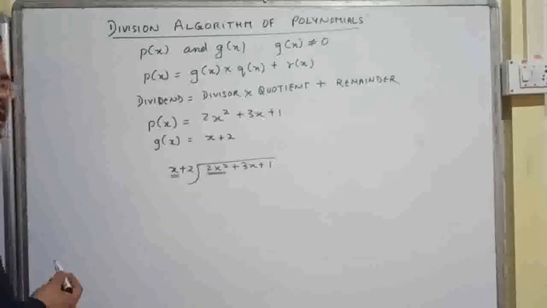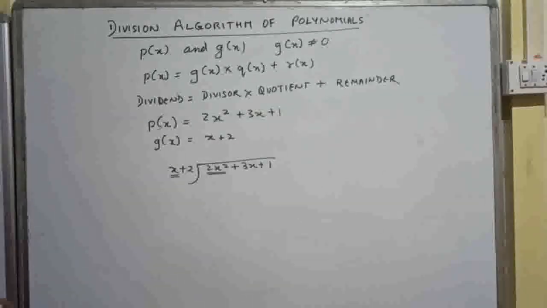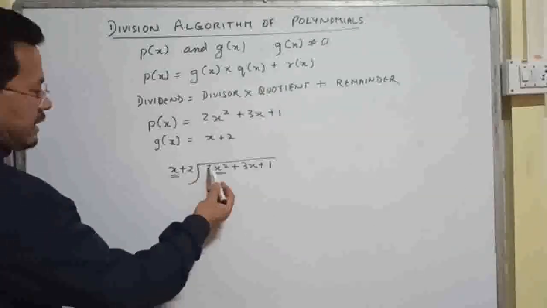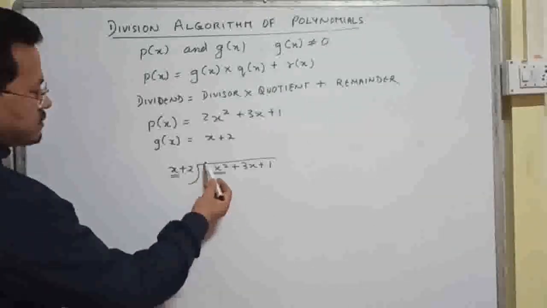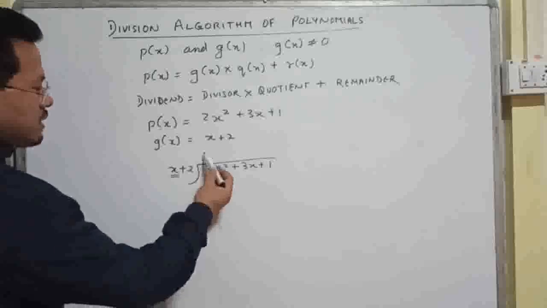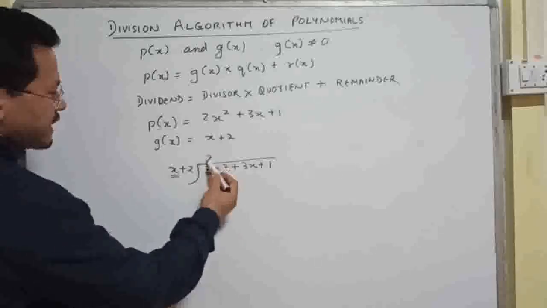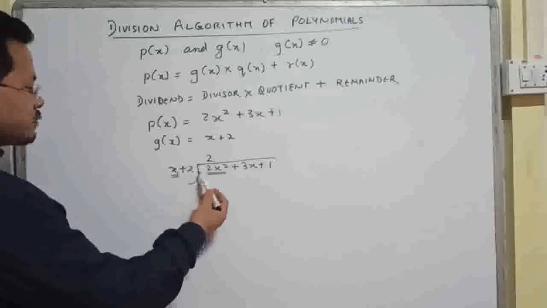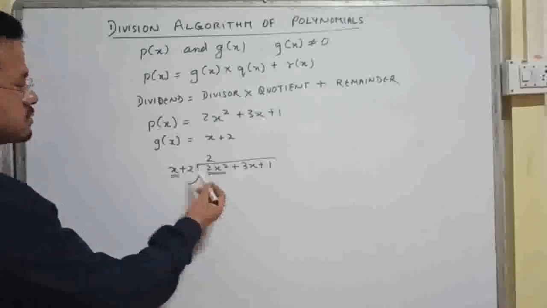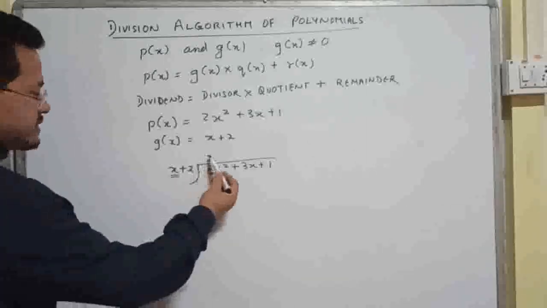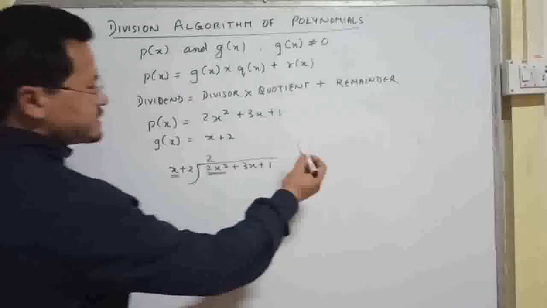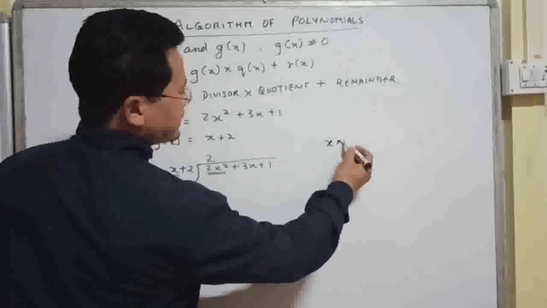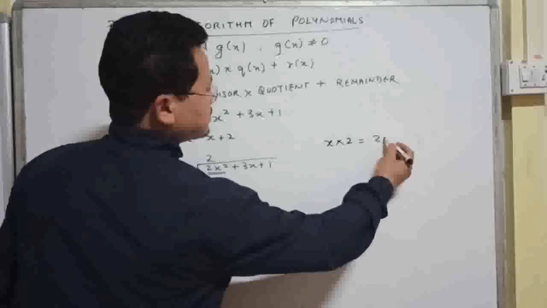In this case x has the highest power. So in this we have 2. So first and foremost we write 2, so that when we multiply this and this we get at least the coefficient 2.